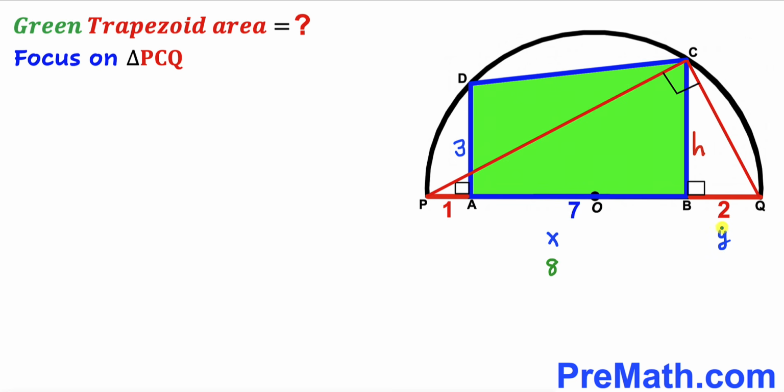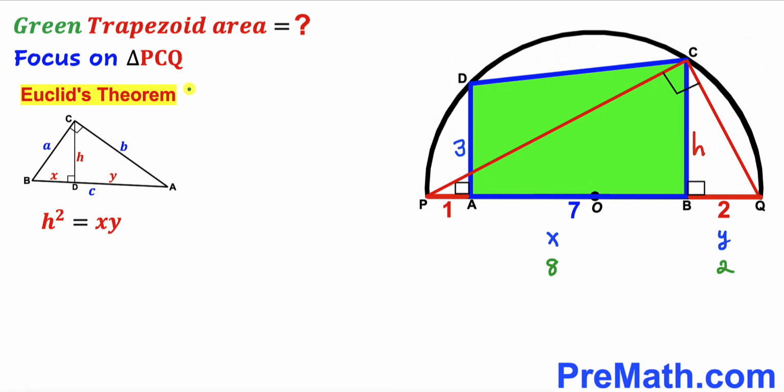And likewise, this y segment length is going to be 2 units. Now let's recall the Euclid theorem once again. Here in this right triangle, our perpendicular length is being represented by height h. This segment length is x, and this segment length is y. Then we can write h square is going to be equal to x times y. And here our x value is 8, y value is 2.